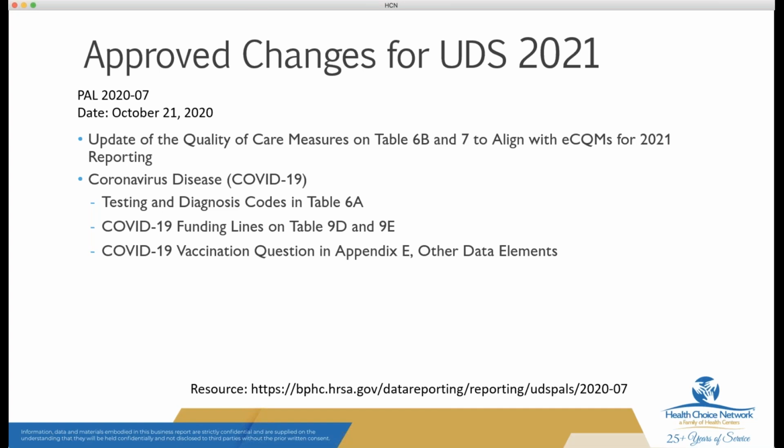So COVID-19 funding lines will be added to Table 9D and 9E. And then on Appendix E, other data elements section, a question relating to COVID-19 vaccination has been added. If you wish to review the PAL document, I provided the link to it here at the bottom of the slide.